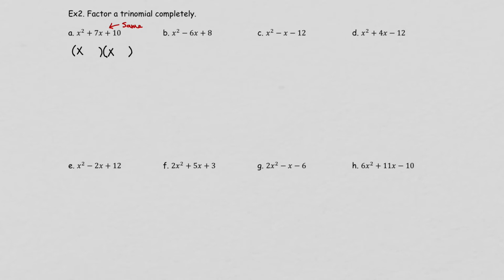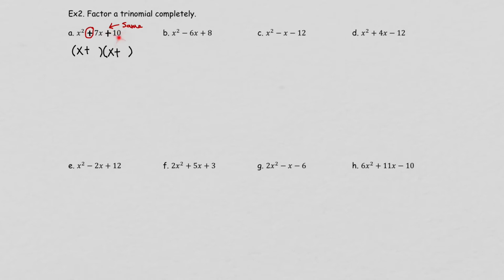And depending on the sign of the middle term, that same sign must be positive. So because of these two reasons, having the same sign and that same sign being positive, you're going to have plus, plus. And then we're going to write down the factors of 10, this 10 right here, right?